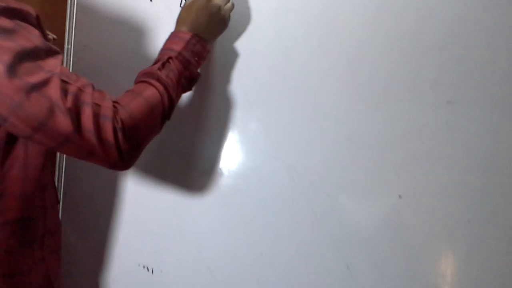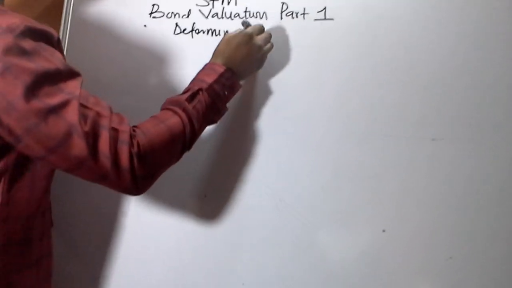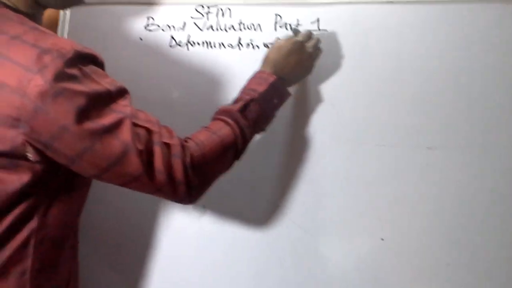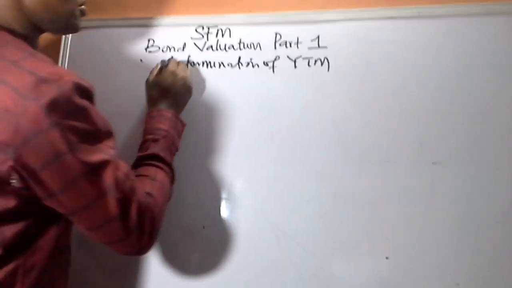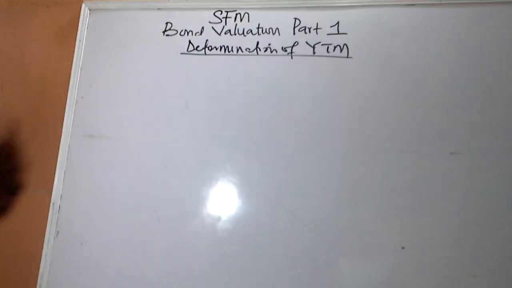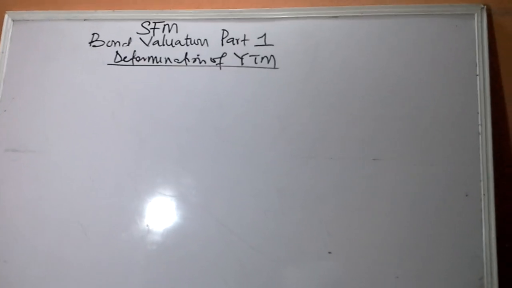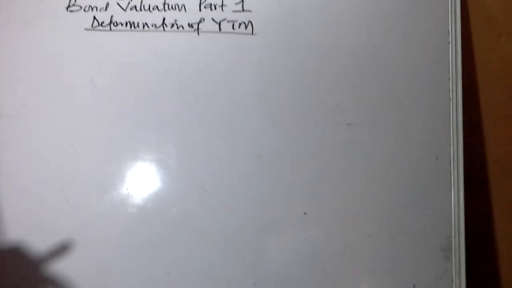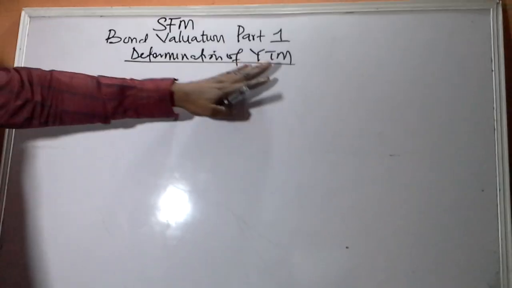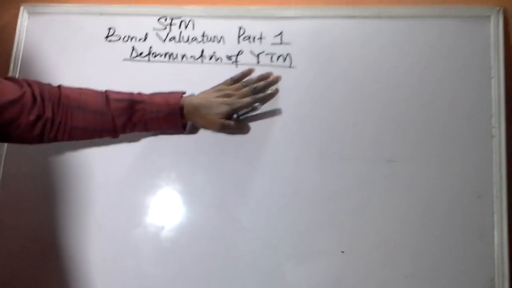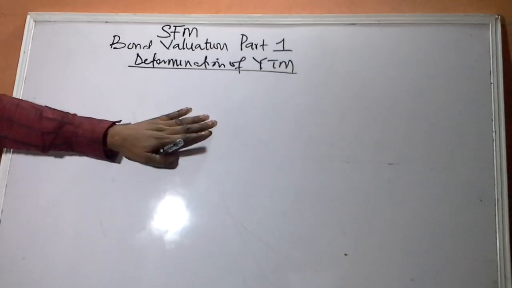Determination of yield to maturity. Remember that you cannot get the price of the bond without a yield. Sometimes you might be asked to find the yield of the bond. I can ask this many times.